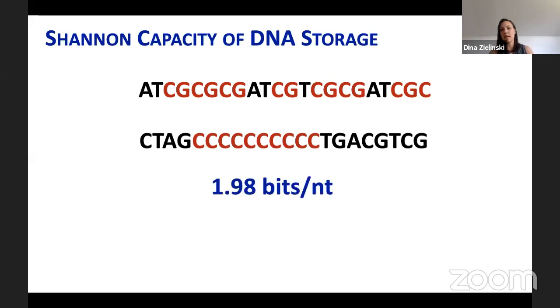So if we take into account those biochemical constraints, we can only actually get, which is not bad, a limit of 1.98 bits of data per nucleotide. But once we have to add, again, as I mentioned when we were storing that 010, some padding in order to correct for errors, that gets us down to about 1.83 bits per nucleotide.